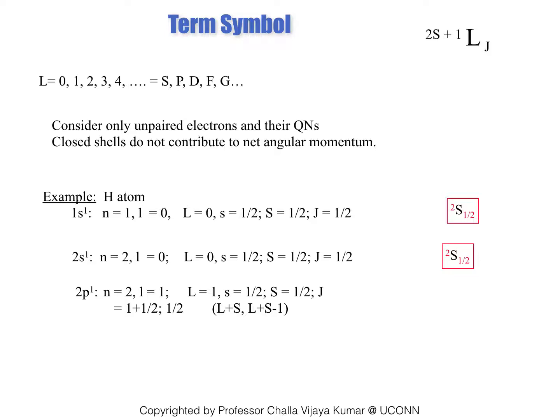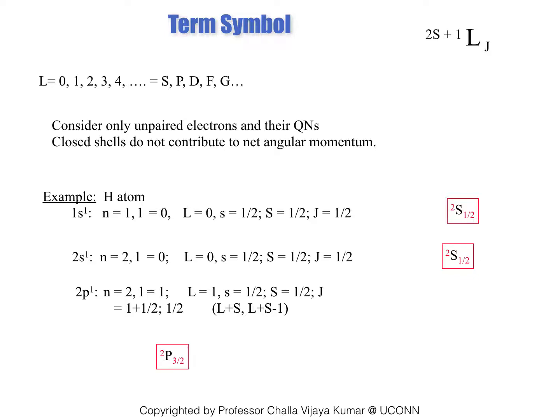Now J needs to be calculated: L plus S all the way to L minus S. So 1 plus 1/2 and 1 minus 1/2. So you have two J states. Therefore, two separate terms are produced.